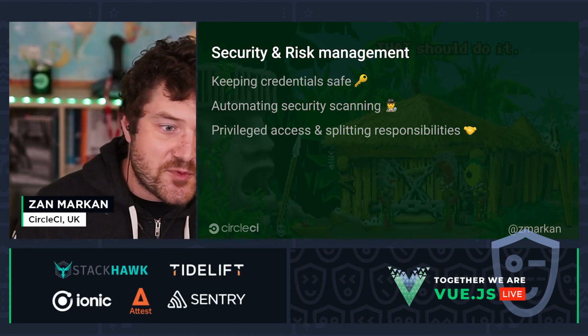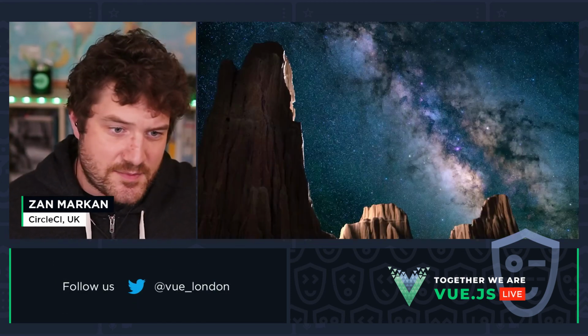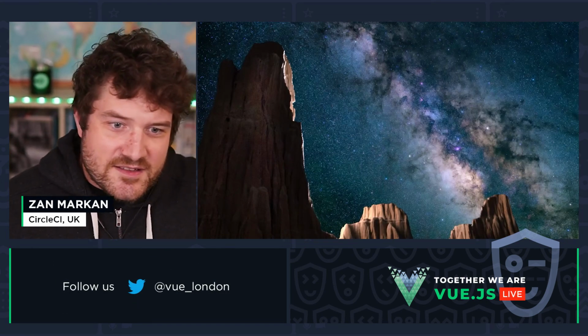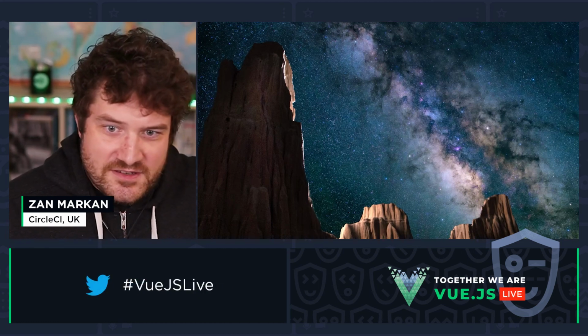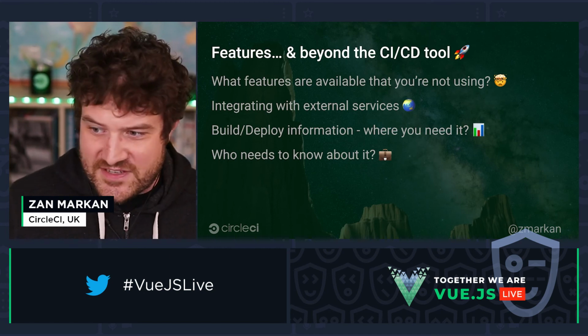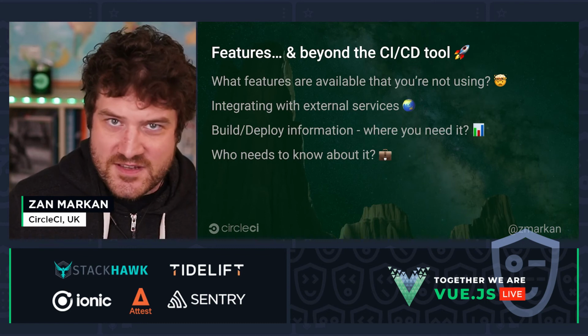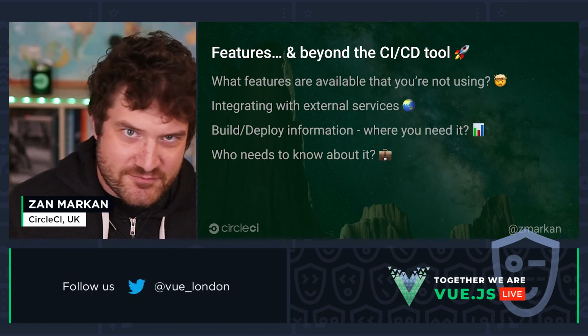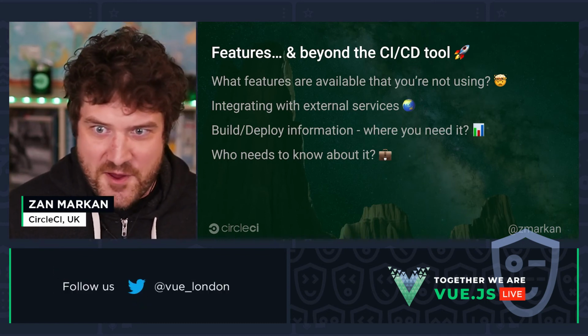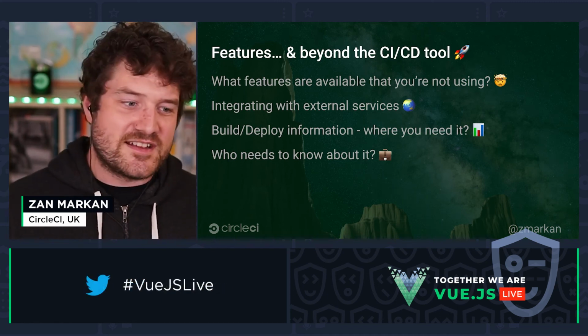But there's more to the ecosystem than just the CI/CD system, and there are features beyond the CI/CD tool. First, obviously, there are the features that are built in. So is there something available that you're not using? It's worthwhile reading the release notes every couple of months and seeing, hey, maybe they've released something cool and we can actually utilize this.